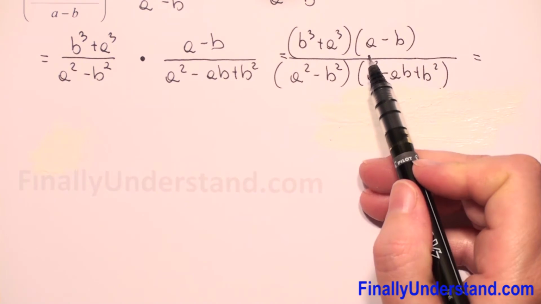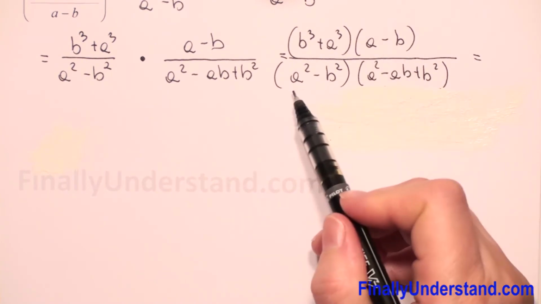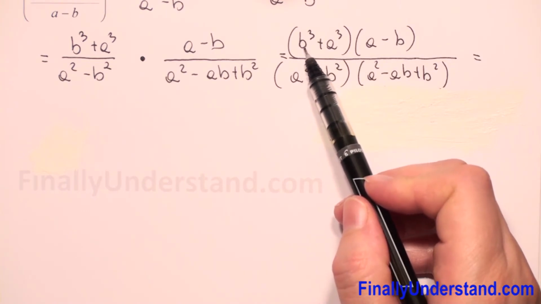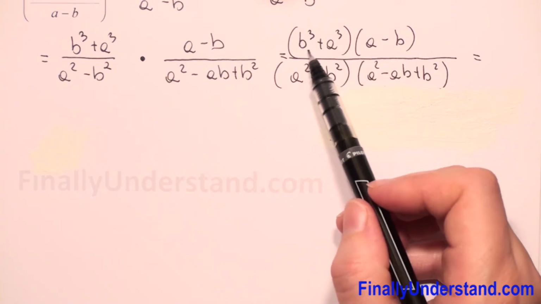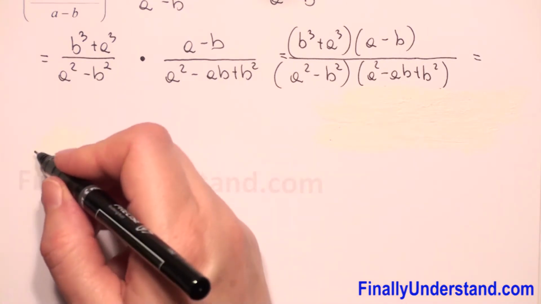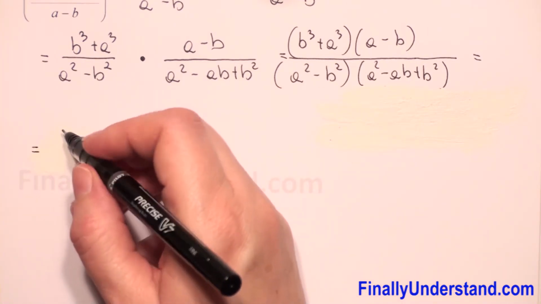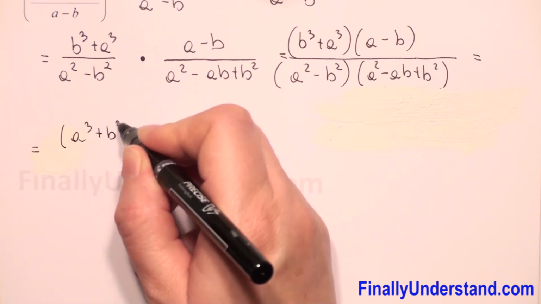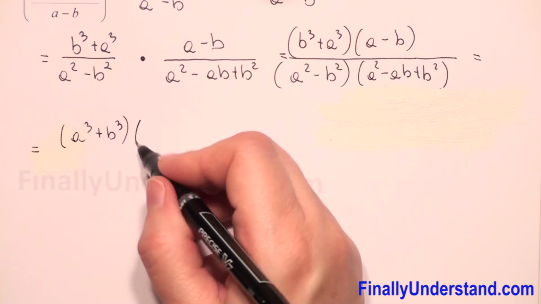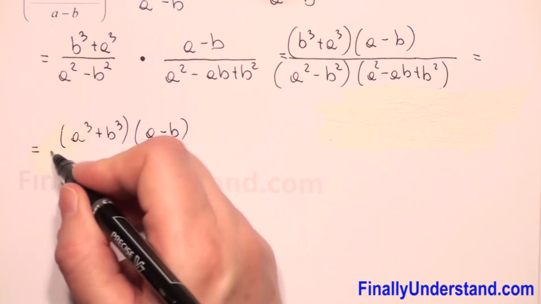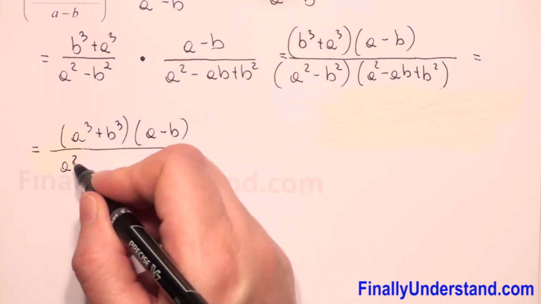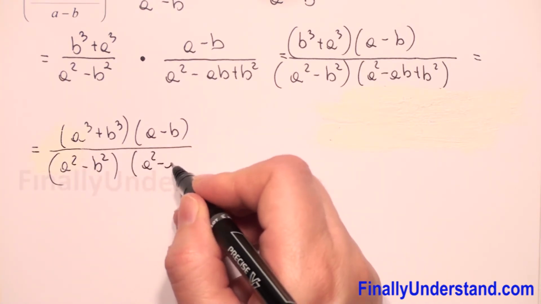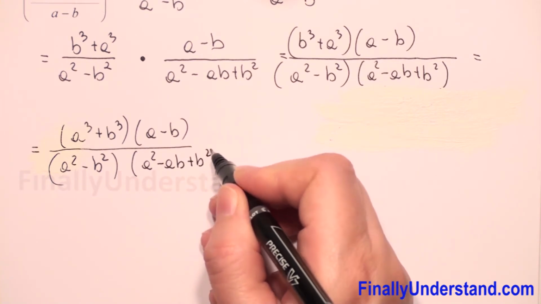Because we have b cube and a cube, addition, first I can write a cube and next b cube. So we have a cube plus b cube, still the same expression, times a minus b over a square minus b square times a square minus ab plus b square.